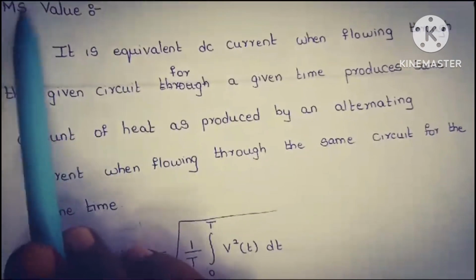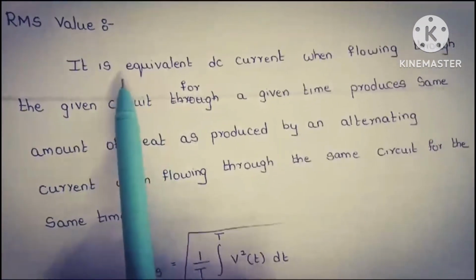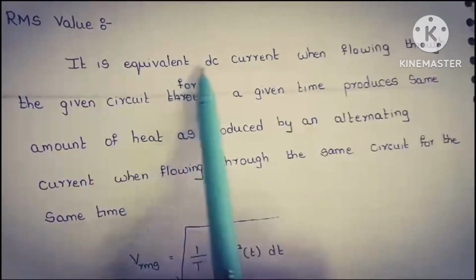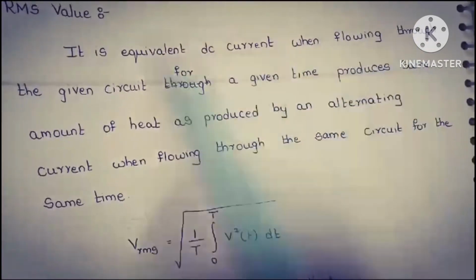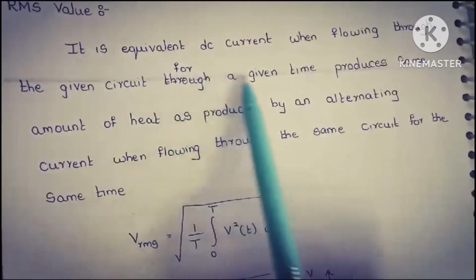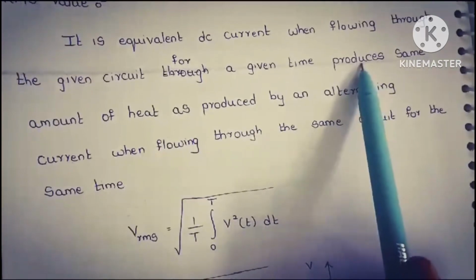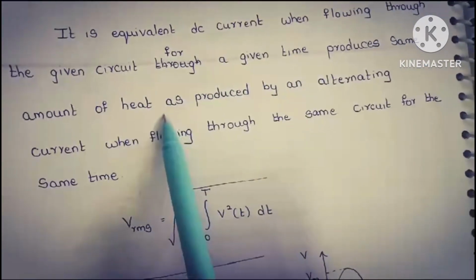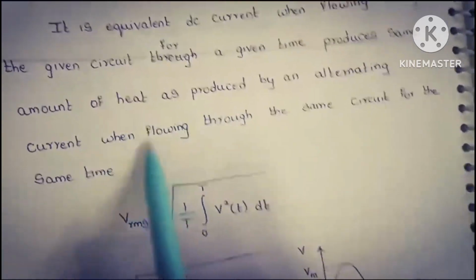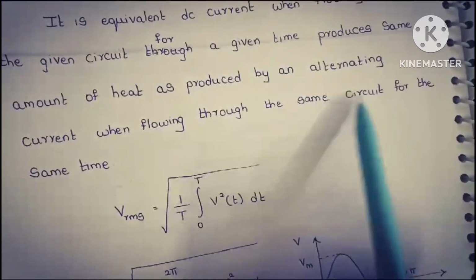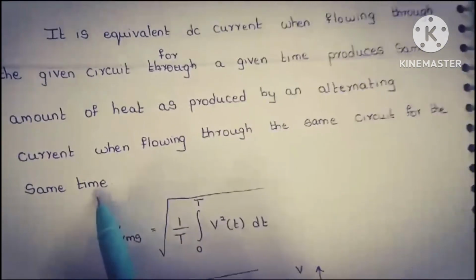The next one is the RMS value. So the RMS value is equivalent to the DC current which, when flowing through the given circuit for a given time, produces the same amount of heat as produced by an alternating current when flowing through the same circuit for the same time.